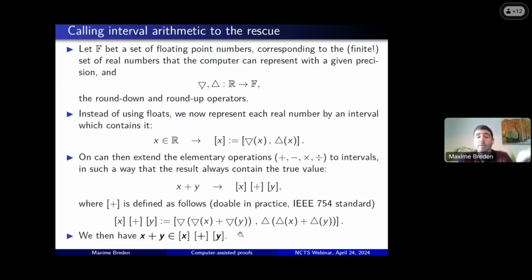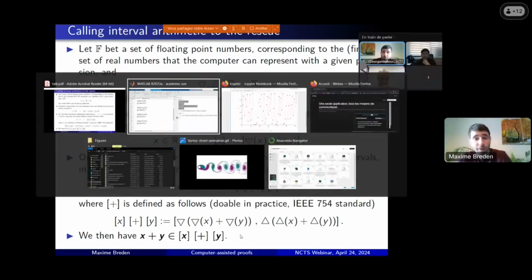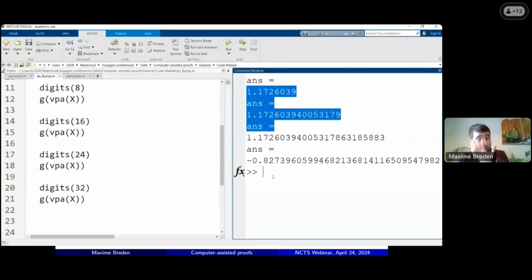And of course, you don't have to do all of this yourself. There are libraries in many languages that do that for you, not only for addition, but for all elementary operations, and for all kinds of functions, cosine, exponential, or more fancy special functions. So you don't have to do it yourself, but it exists and you can use it if you need to.